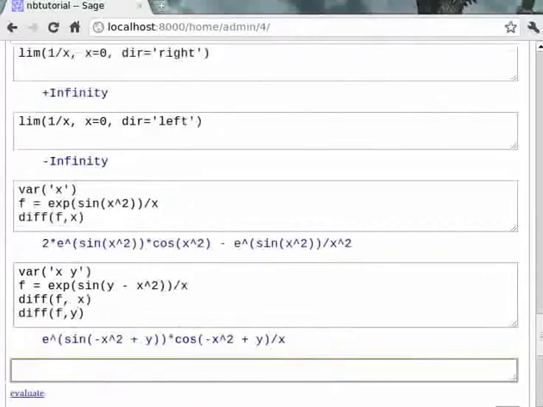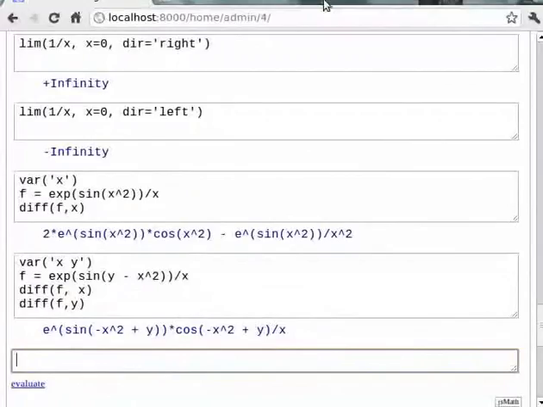Now let us look at integration. We shall use the expression obtained from the differentiation that we did before, that is diff within brackets f comma y, which gives us the expression e raised to sine minus x square plus y multiplied by cos minus x square plus y by x. The integrate command is used to obtain the integral of an expression or function.